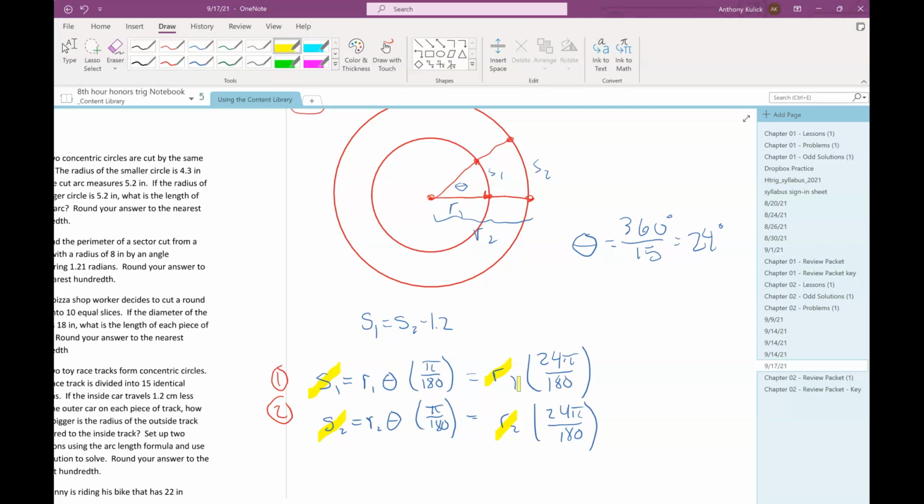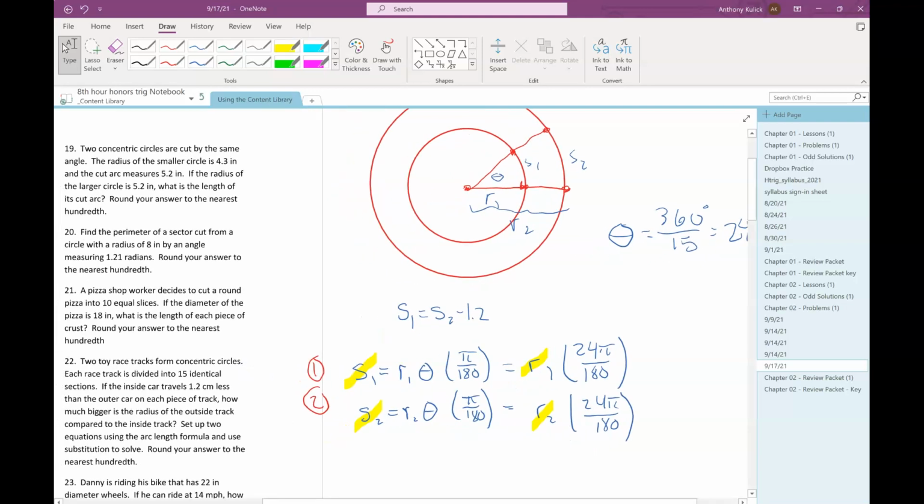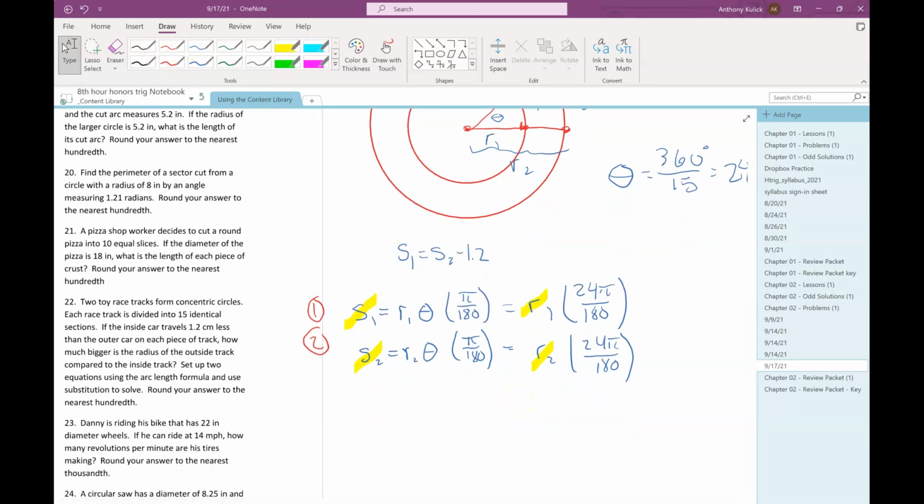Here's the catch. Does the question actually ask for the values of R1 and R2? No, it's asking for the difference between R1 and R2, right? So that's actually what I'm going to worry about trying to solve for, R2 minus R1.